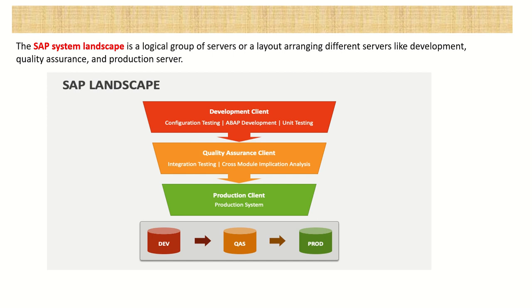Whenever a new SAP is installed, all the development, and any new development we do, is done in a development client, like the functional configuration done by the functional consultant, all the ABAP development, and the unit testing. So the complete development activity we have to do in the development client, or you can call it a development server.